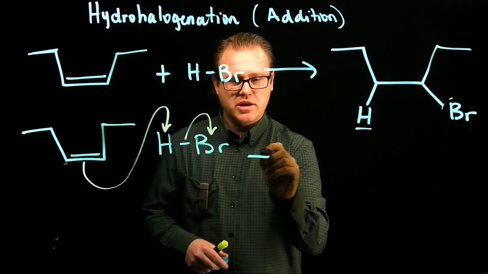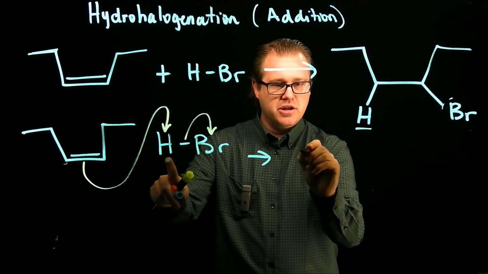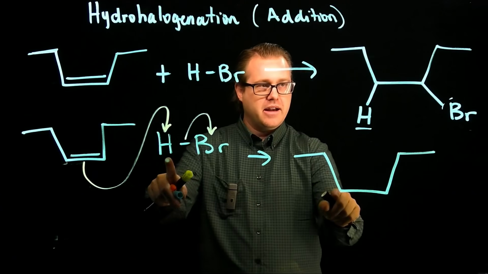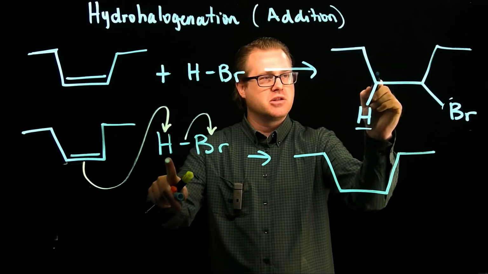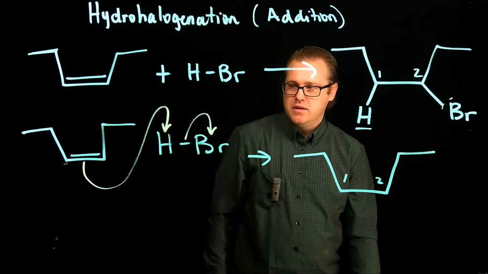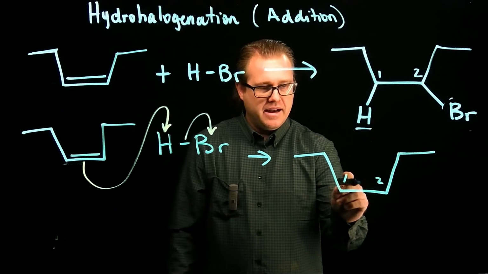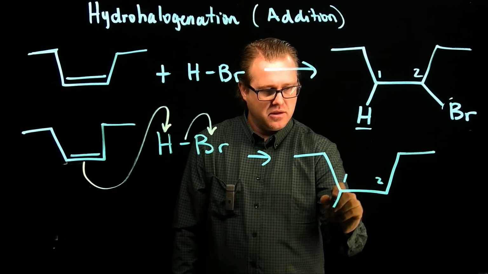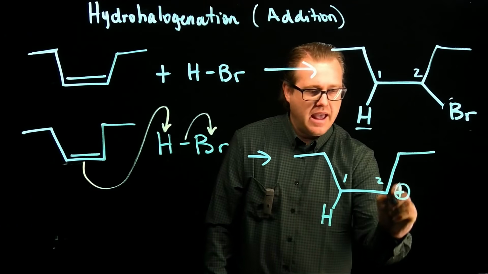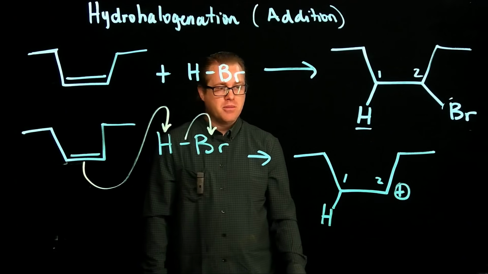Now it begs the question, where am I going to add that hydrogen? I could add it at carbon. Let's just number these carbons, carbon 1 and carbon 2. I could add the hydrogen to carbon 1, which will then leave a carbocation on carbon 2.